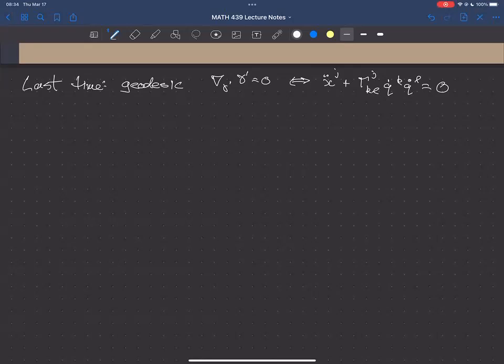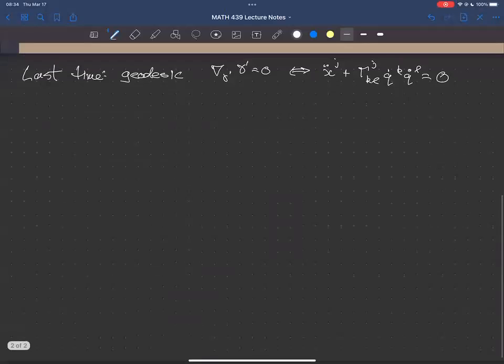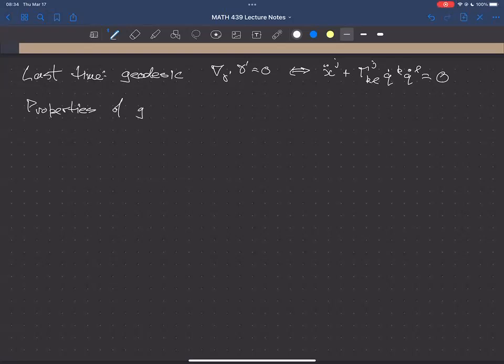Okay, and then I made some comments about the fact that, well, I guess we all know that straight lines minimize distance. So let me say a few things about that in general. Properties of geodesics on Riemannian manifolds.